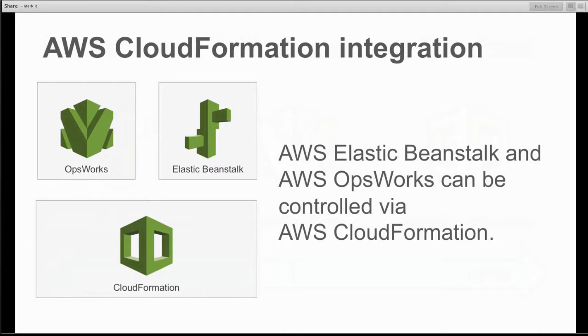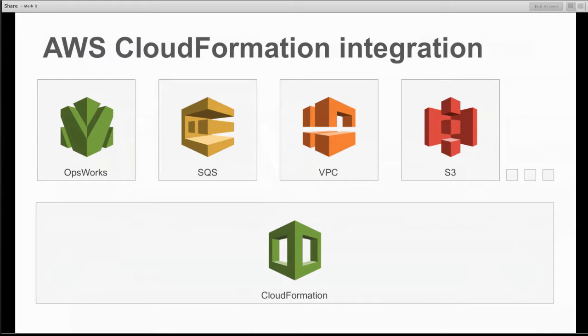Because OpsWorks and Beanstalk are usual services of AWS, you can use CloudFormation to provision and configure OpsWorks and Beanstalk resources. So if you are familiar with CloudFormation, this lets you start quickly. Or you do something like this, which quite some of our customers actually do.